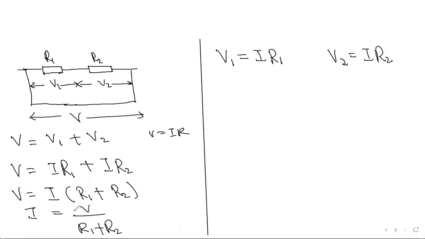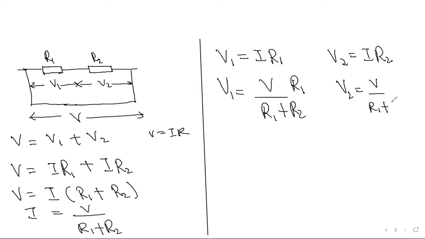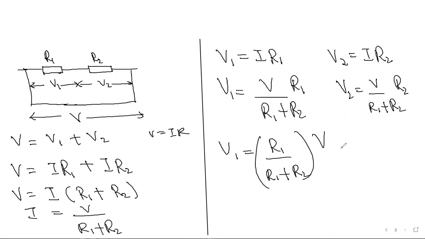If I replace I with this, I'll have V1 equal to V over R1 plus R2 multiplied by R1, and V2 equal to V over R1 plus R2 multiplied by R2. So I can rewrite this as V1 equals R1 over R1 plus R2 multiplied by V, and V2 equals R2 over R1 plus R2 multiplied by V.